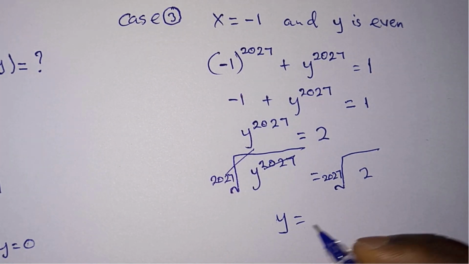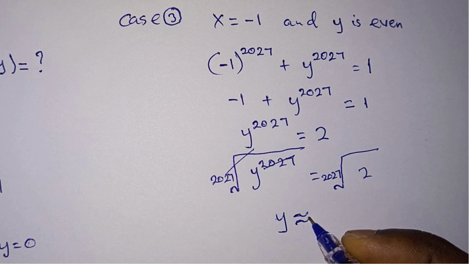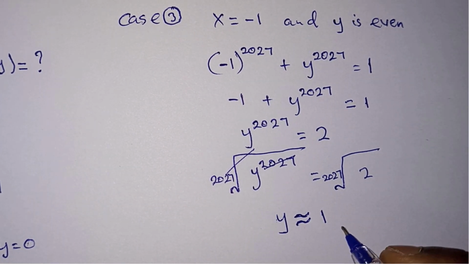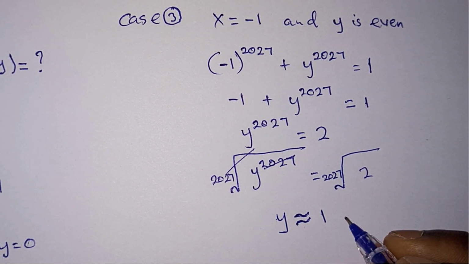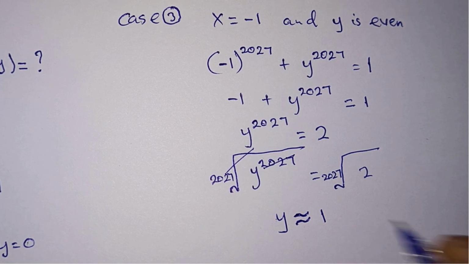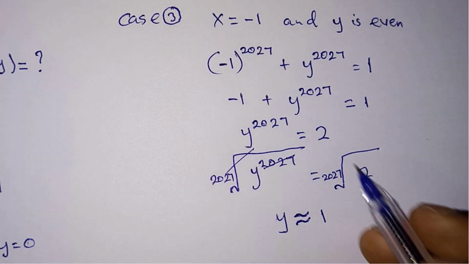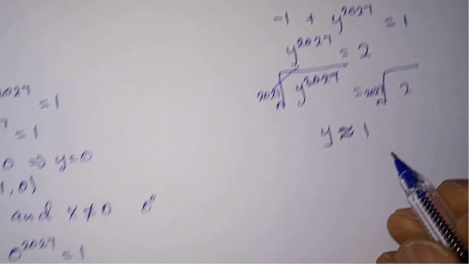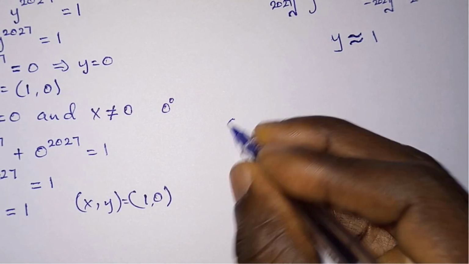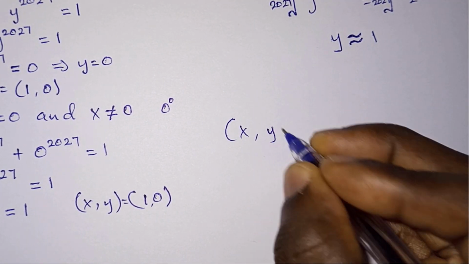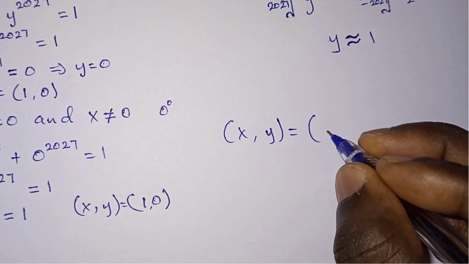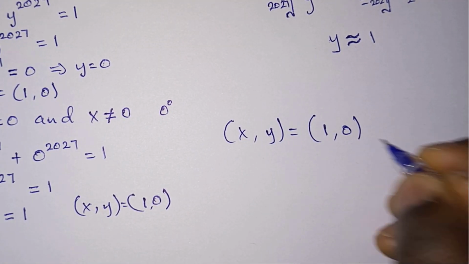So we will have y approximately equal to 1. And we see that 1 is an odd number, which is not even. So it means we are not going to consider these values of x and y. So in conclusion, we have the values of x and y equal to 1, 0.